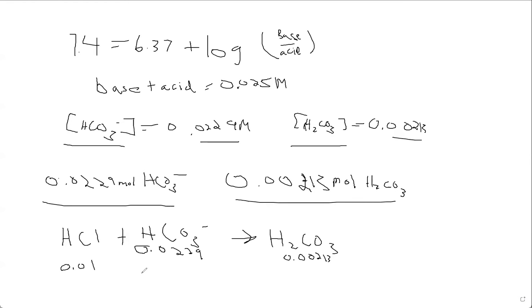So we know that this one is going to decrease, right? It's going to be consumed by the HCl, and we know that the amount of carbonic acid is going to increase, right? So we're going to subtract 0.01 and we're going to add 0.01 over here. And then we just do our math to figure out how many moles we have in the end.